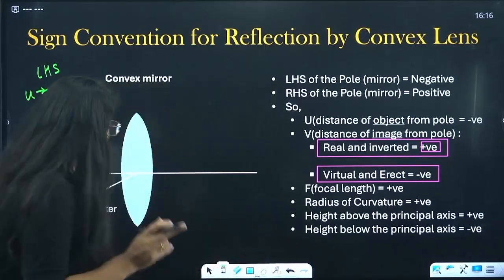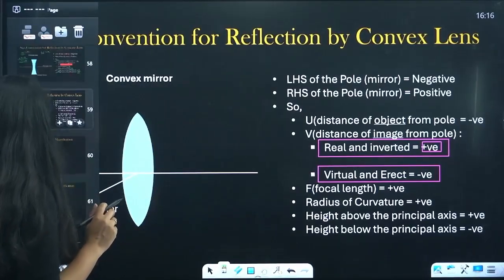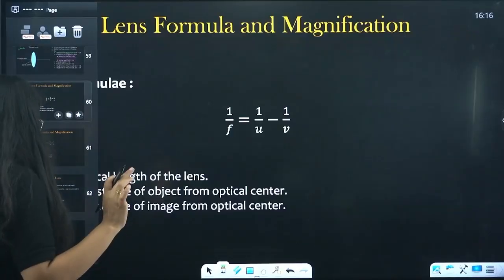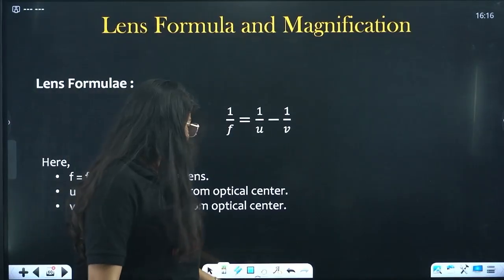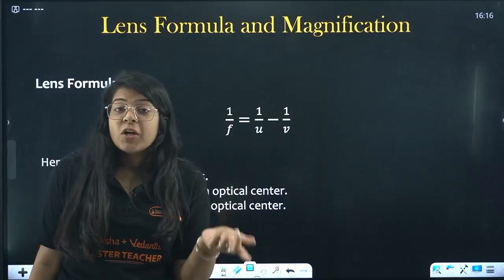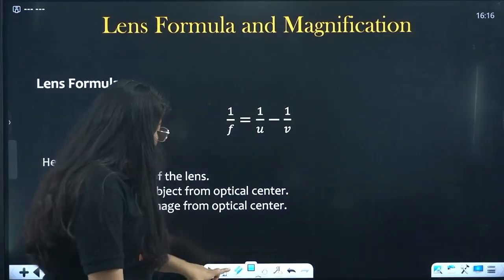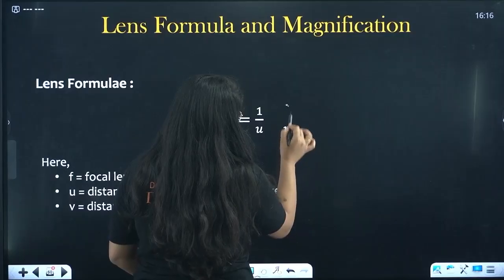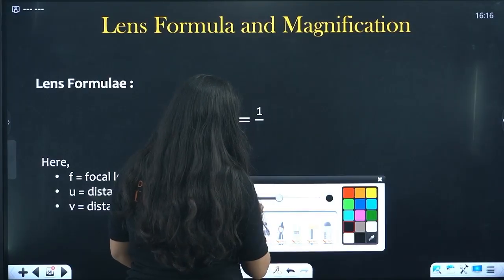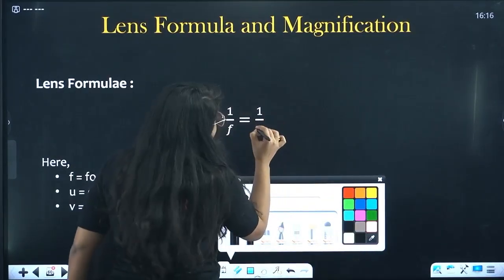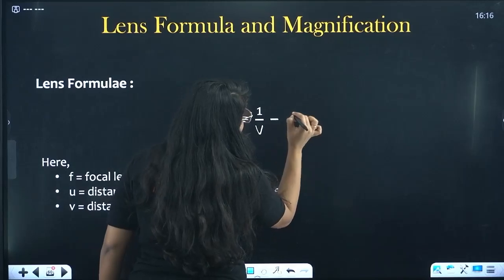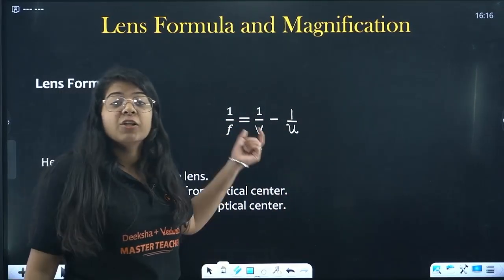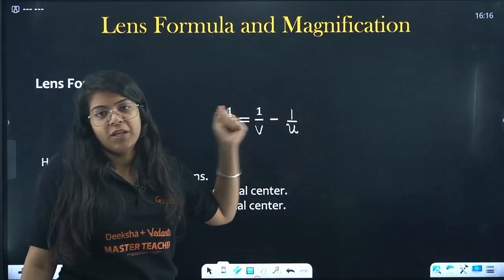Done. Now one thing that is left in your whole, this is your 2 or 3 formulas. First is, just like you studied the mirror formula, you have the lens formula, and the only difference in this lens formula is this: the formula is 1 by V minus 1 by U. In the mirror formula, you had 1 by V plus 1 by U, right?